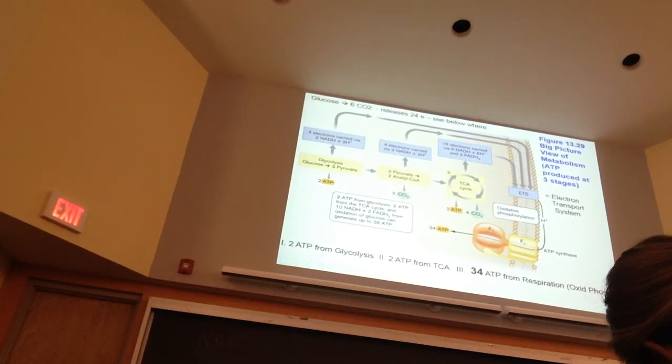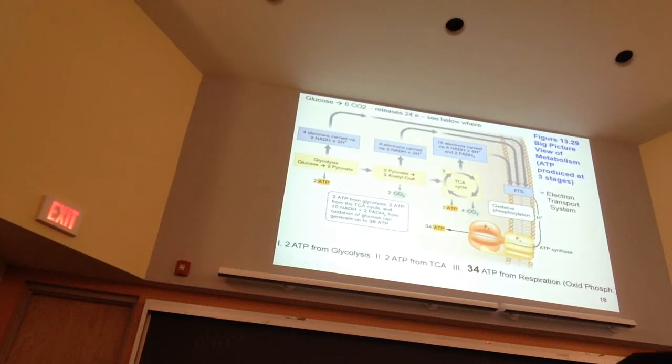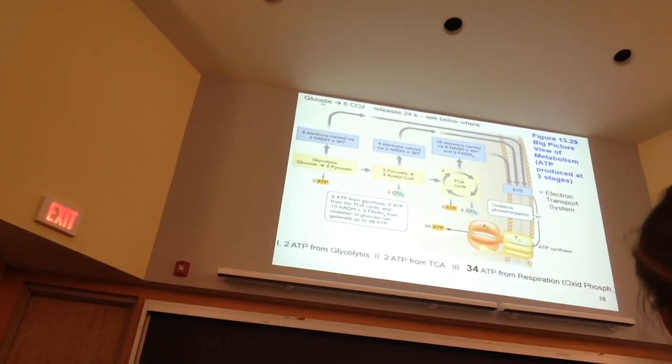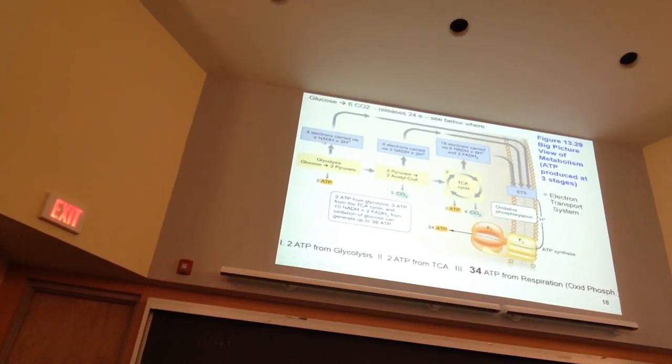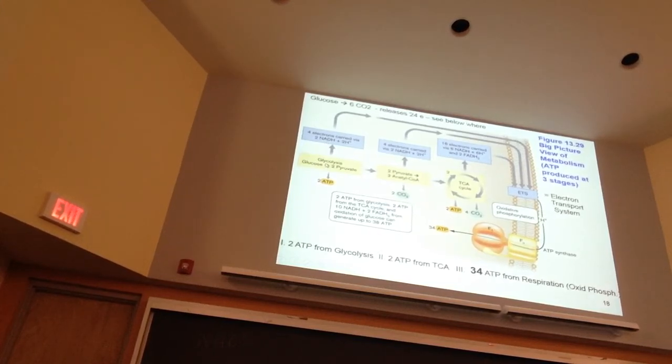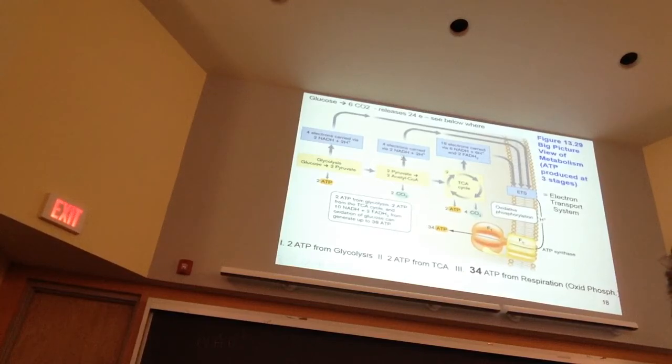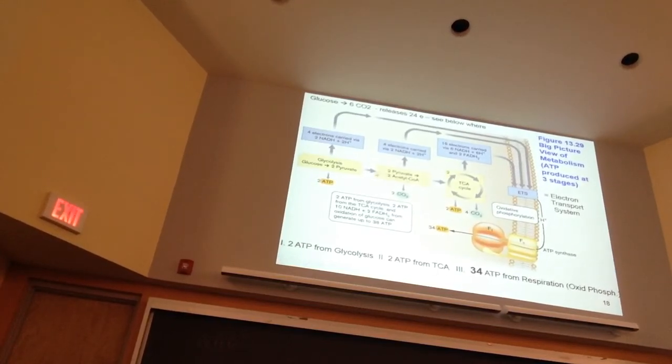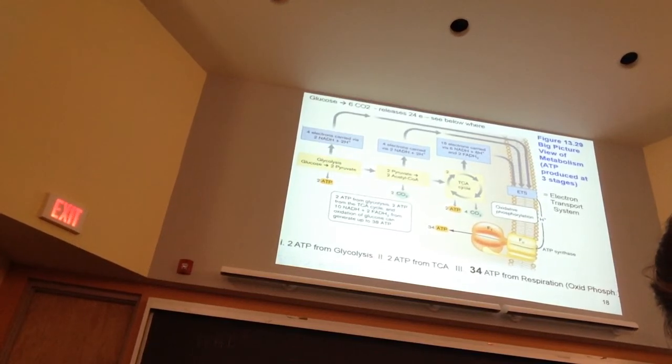So let's take a quick look. Of those 24 electrons that are in glucose, 4 of them are carried by 2 molecules of NADH from glycolysis. 2 other moles of NADH are carrying 4 electrons in this transitionary step between glycolysis and the TCA cycle.